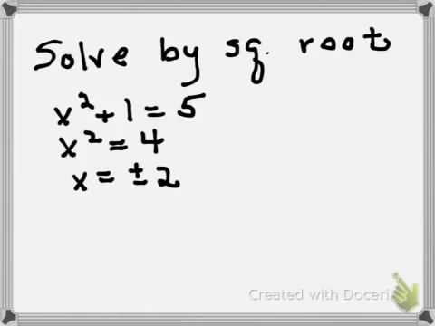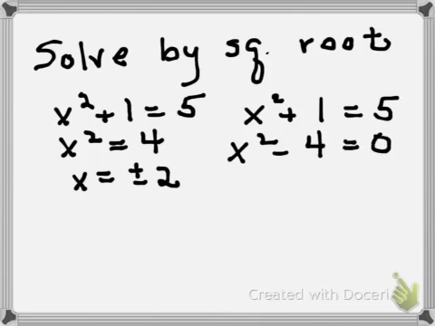Now let me show the other method just so that you can see this as well, what I was just talking about. And that is to subtract 5 from each side. And now you could factor this as the difference of two squares.